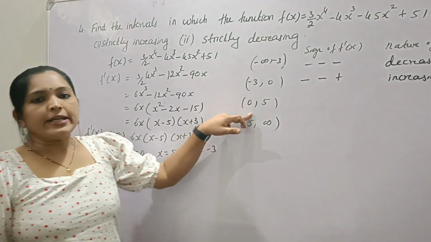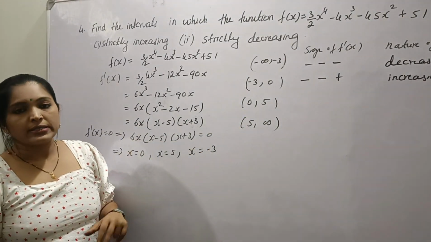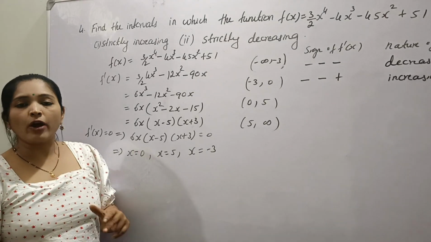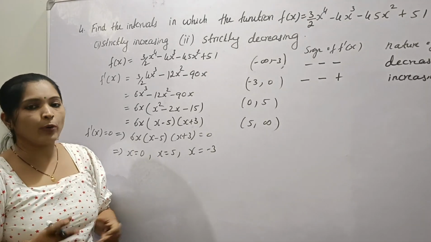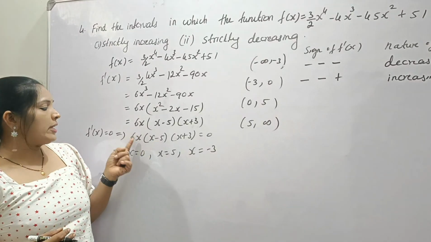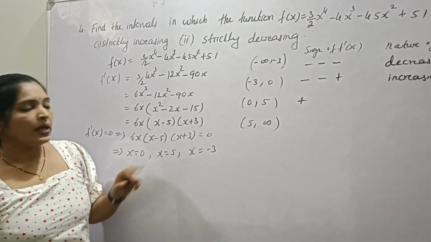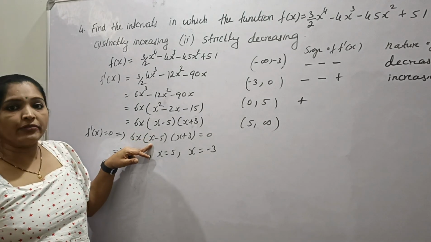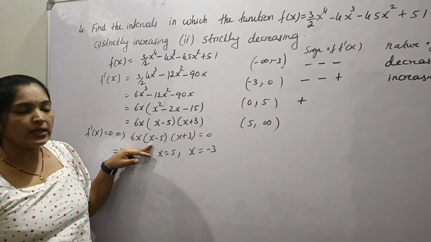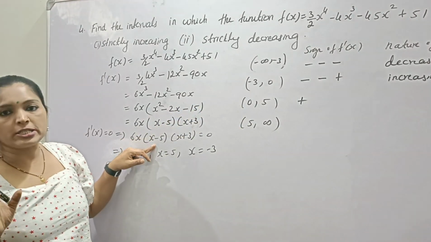Then the next interval 0 to 5, that is x belongs to 0 to 5. See, in x belongs to 0 to 5, all the values of x are positive and less than 5, greater than 0. So here the first term is positive. Then the second term: when we substitute x is equal to 5, it will be 0. Then less than 5 means less than 0, right? For example, 4 is included, so 4 minus 5 is minus 1.